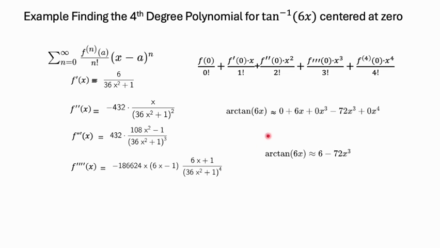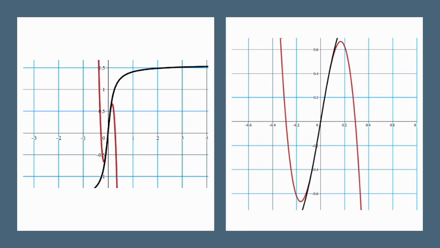So when we plug in values that are close to 0 for x, we can use this as an approximation for the inverse tangent of 6x. So looking at the inverse tangent function and the Taylor polynomial that we found that's supposed to estimate the arctan, here's our arctan in black, and the polynomial we came up with to estimate arctan near 0 was this cubic function.